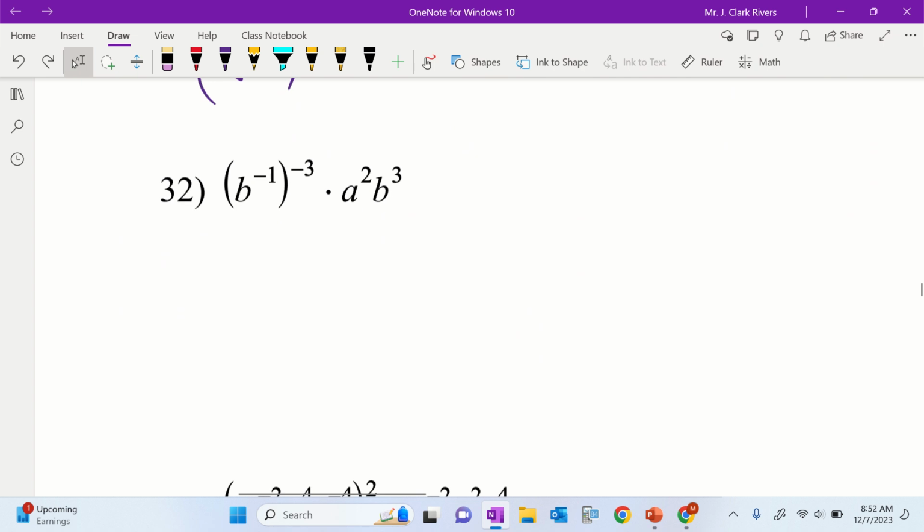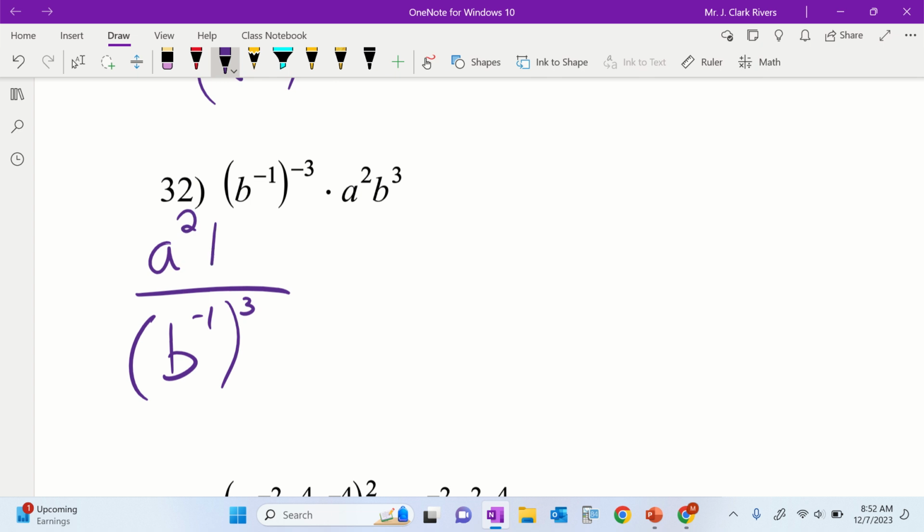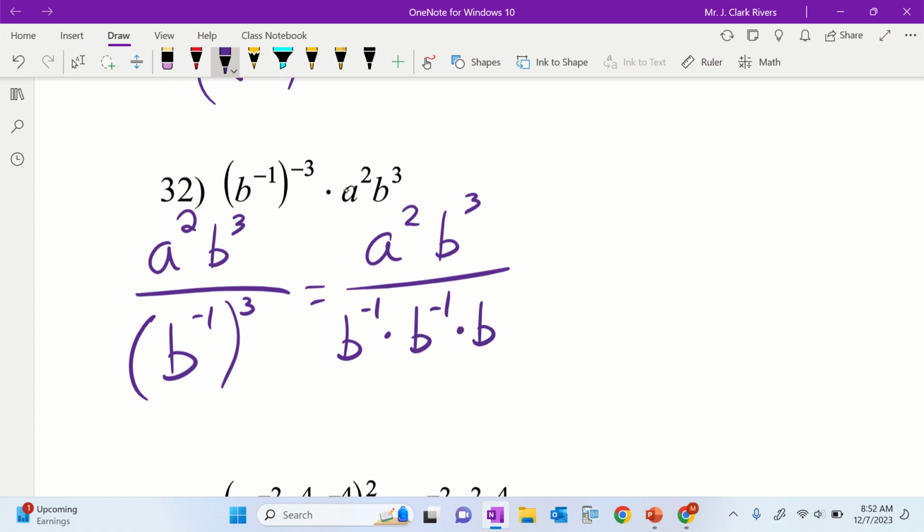It's the same way. We've got a negative exponent inside the parentheses with a negative exponent outside. So we're going to move that down, and it's b to the power of negative 1 still, to the power of 3, a to the power of 2, b to the power of 3. They don't move. So a squared b cubed over, all right, so this is going to be b to the power of negative 1 times b to the power of negative 1 times b to the power of negative 1.